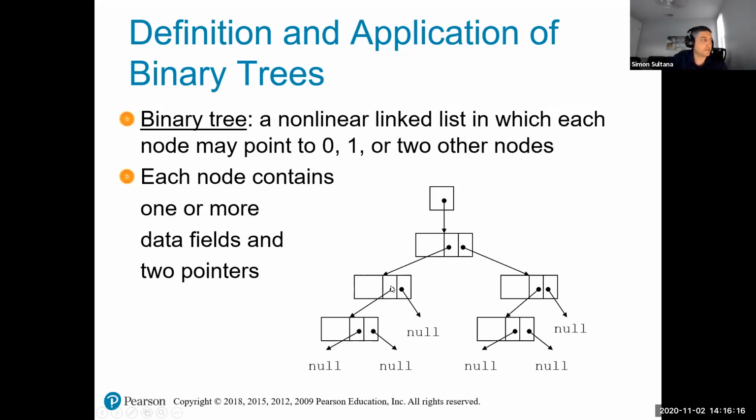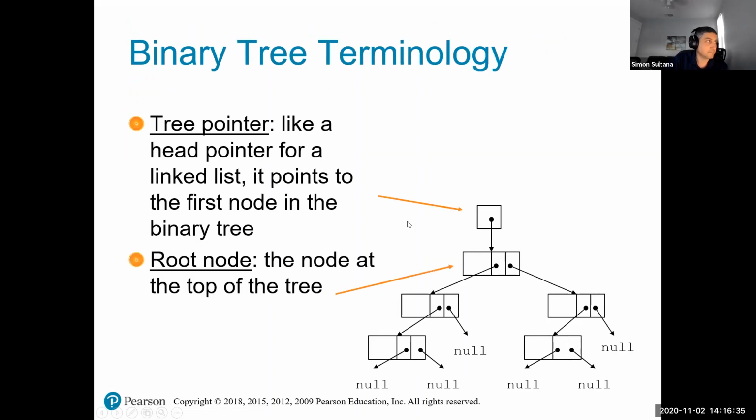And we have some definitions, so we'll get there in a second. Basically we have data values, just like we did before. But we also have these pointers to point to the other nodes to which we're connected. What we have with a binary tree is a tree pointer, which basically points to the tree.